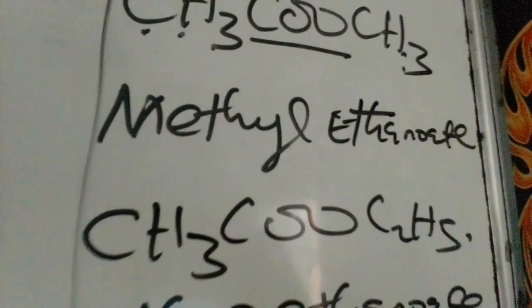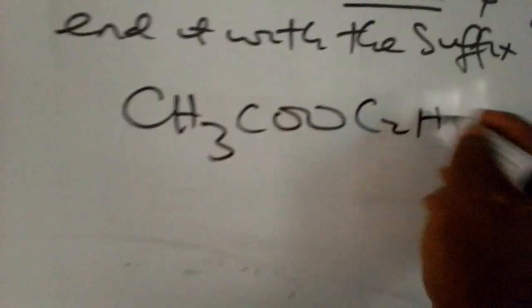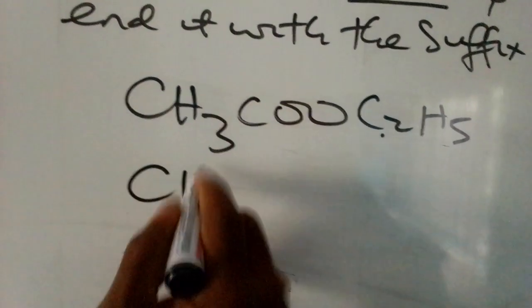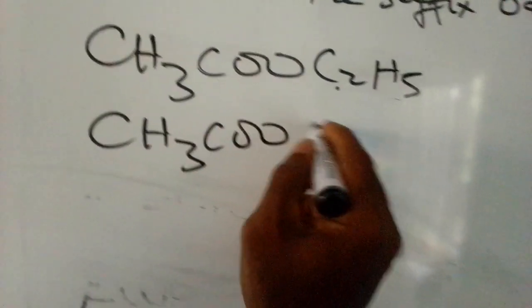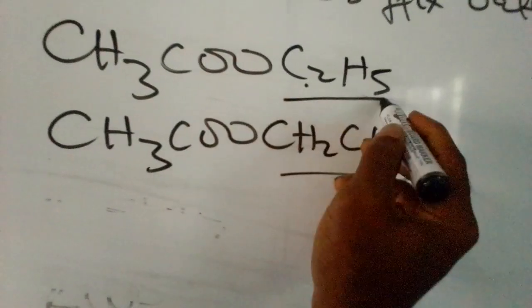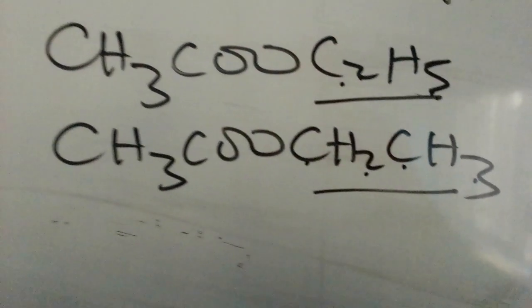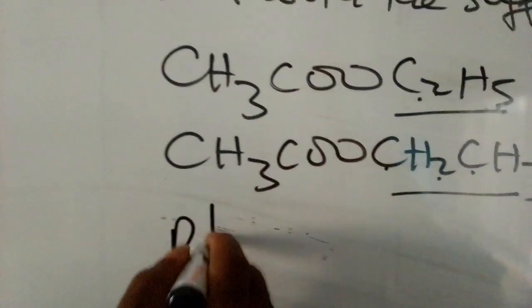If you look at the second example we took there, one example is CH3COOC2H5. Remember that this can be written as CH3COOCH2CH3, because this and that are the same. 2 plus 3 gives you 5. To name it, I take the last alkyl group, as I said.